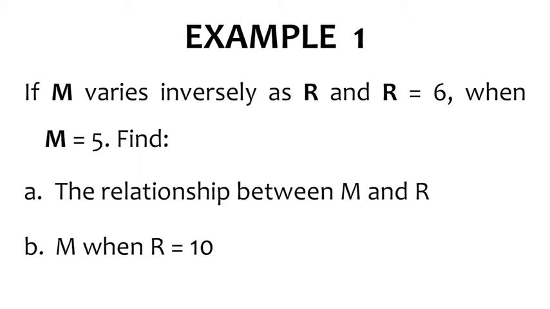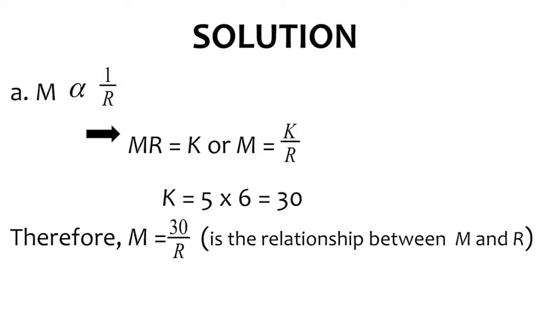B, find m when r equals 10. Solution A. M varies inversely as r. Therefore, this can be written as m is proportional to 1 over r. That is the proportionality sign.